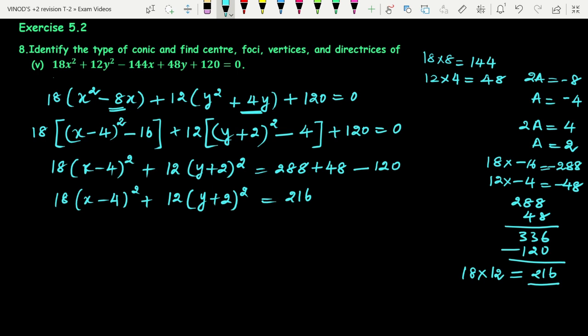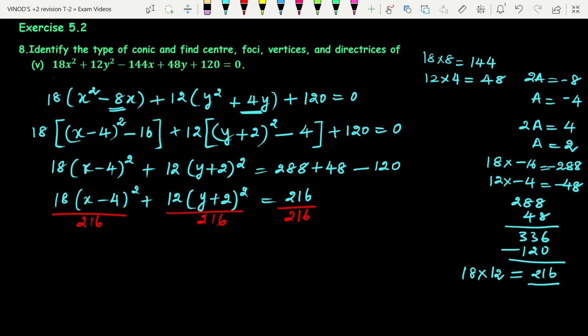So dividing throughout by 216, we will get the standard equation of the ellipse.